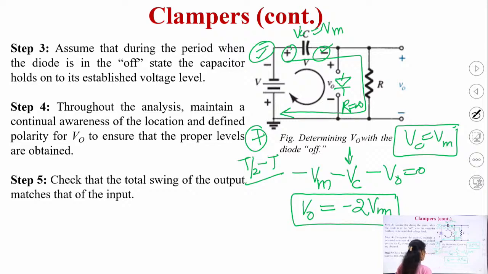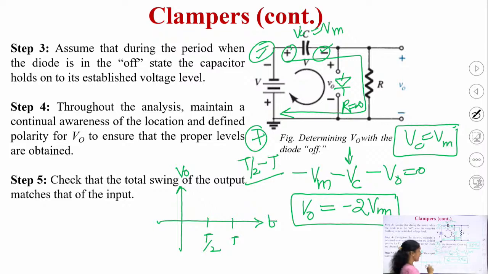So, if I draw the output waveform, this is V0, this is T by 2 and this is T. So, 0 to T by 2, what is my output voltage? It was 0 volt.